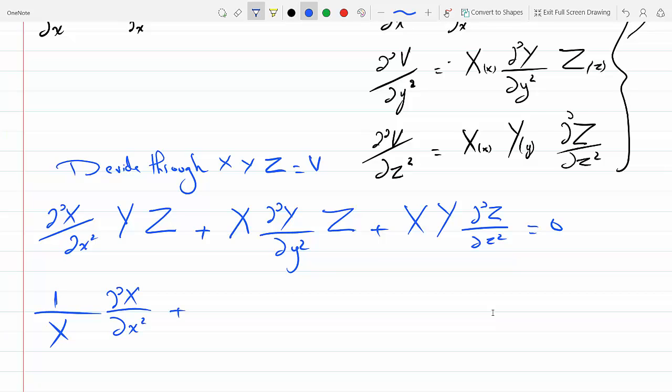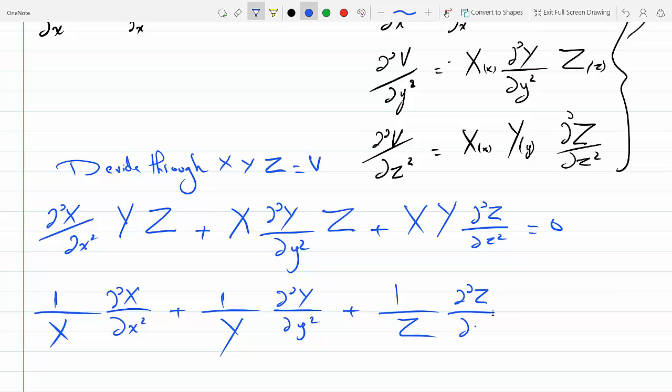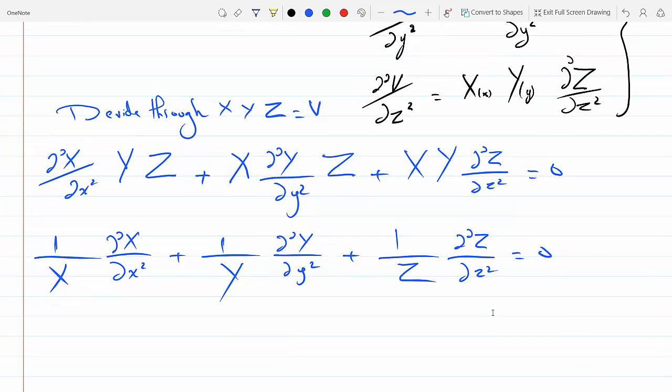X and Z cancel, so I will have 1 over Y d squared Y over dy squared, and X and Y cancel, and I will have left 1 over Z d squared Z over dz squared equals 0. That's after I divide this by X Y Z.